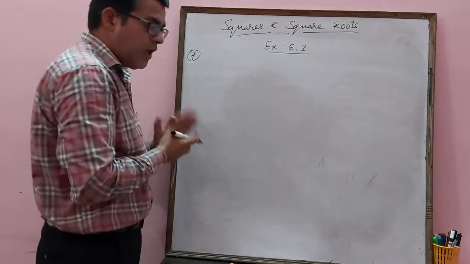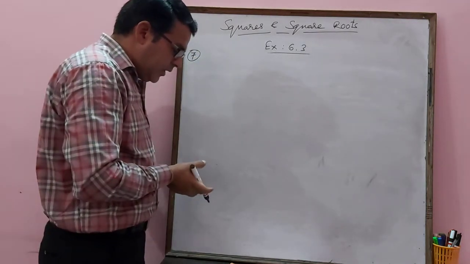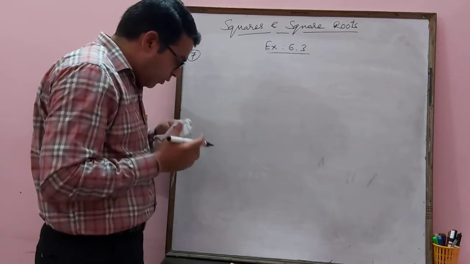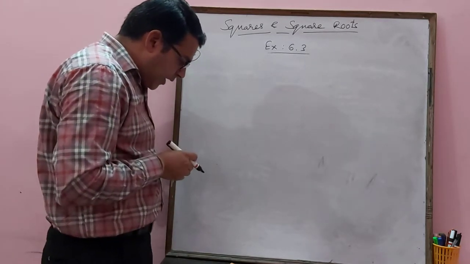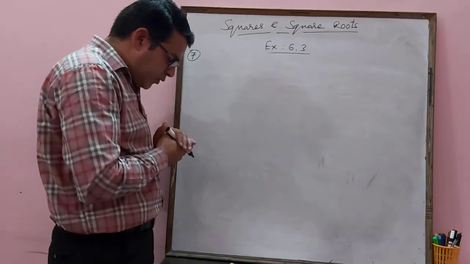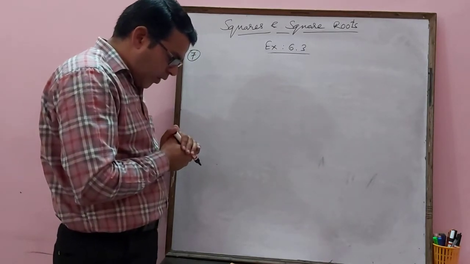This is a word problem related to this exercise 6.3. The question is: the students of class 8 of a school donated rupees 2,401 in all.